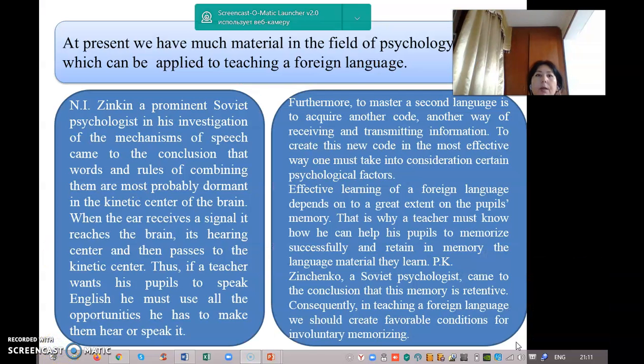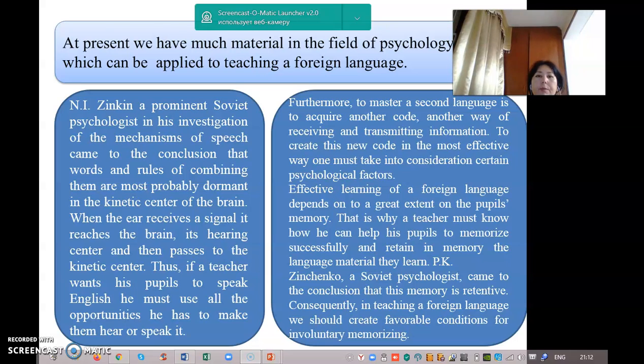At present, we have much material in the field of psychology which can be applied to teaching a foreign language. Zinkin, a prominent Soviet psychologist, in his investigation of the mechanism of speech, came to the conclusion that words and rules of combining them are most probably dormant in the kinetic center of the brain.